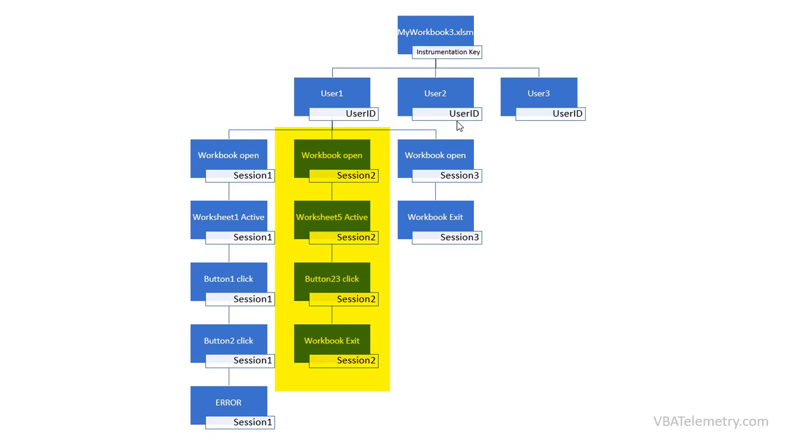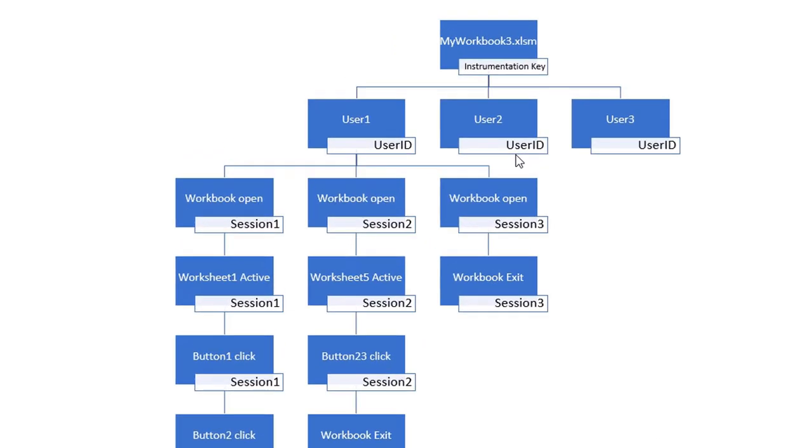We have sent a workbook open event to Microsoft Azure in this session 2, and also Joe has clicked on worksheet number 5. After that, he has clicked on button 23, and he has exited the workbook, and we have sent the workbook exit event to our Microsoft Azure resource.